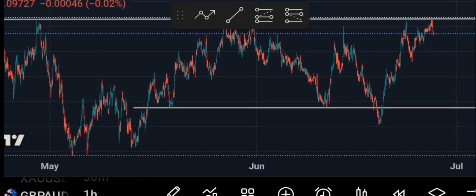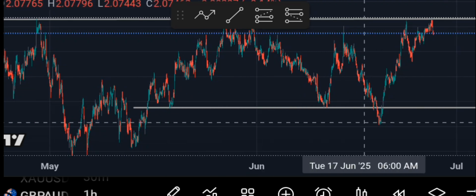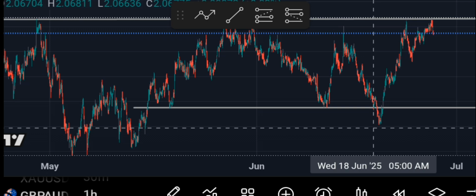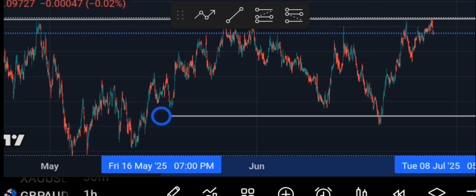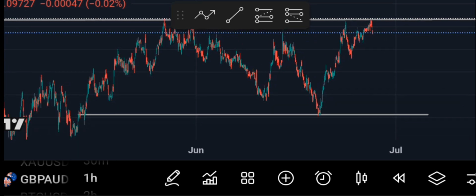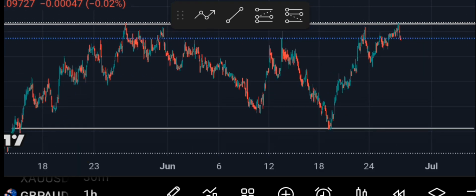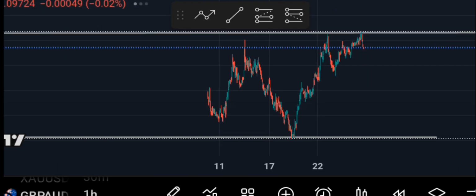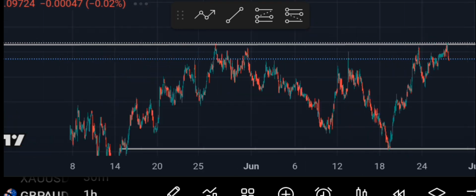But now the market has come back to interrupt this support, and now it creates a new support for itself. So now we are going to be using this new support here. In case the market gets back here, we might be looking for some entry criteria to go for a buy.